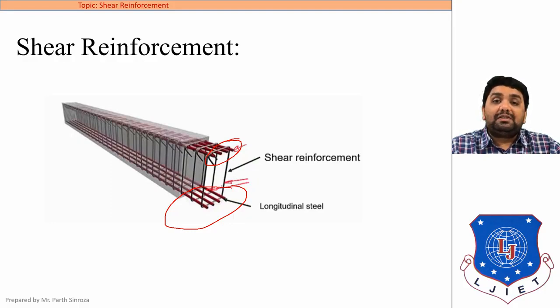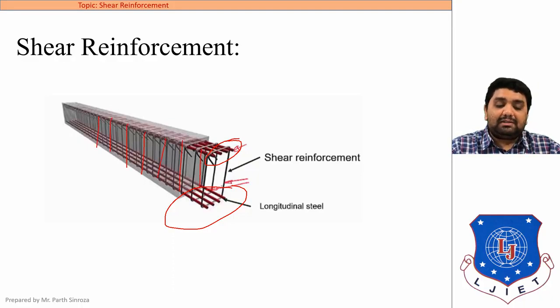So the function of stirrups here comprises two things. The first function is to resist the shear force that is acting on the beam, and the second is to hold the steel bars in position, clear. So here you can see that the vertical bars are provided and are hooked.